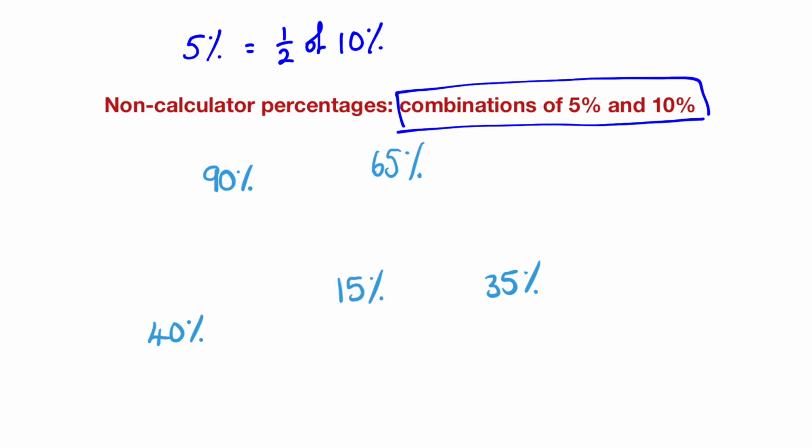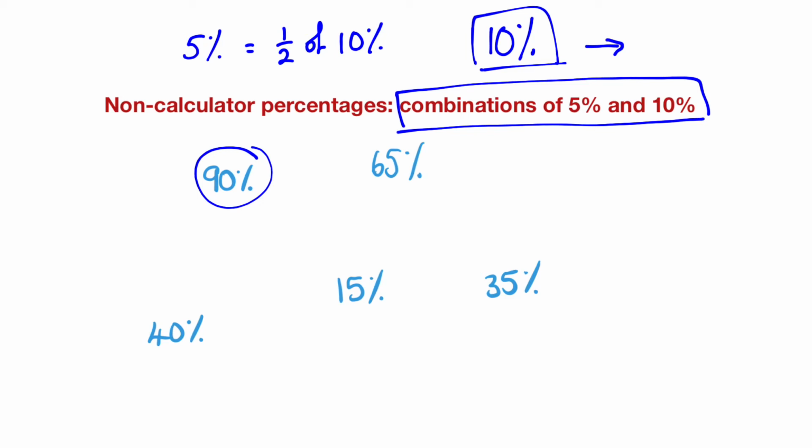So that's one of the ways, and I think that's the easiest way of finding 5%. Now, let's have a look at these. How would we find 90%? What I want us to do when we're thinking about these is relate everything back to 10%, because 10% is easy to find because we can just divide by 10. Okay, we can do that without any bus stop calculations, because remember, all we're doing when we're dividing by 10 is moving our digits one place to the right past the decimal point if that's needed.